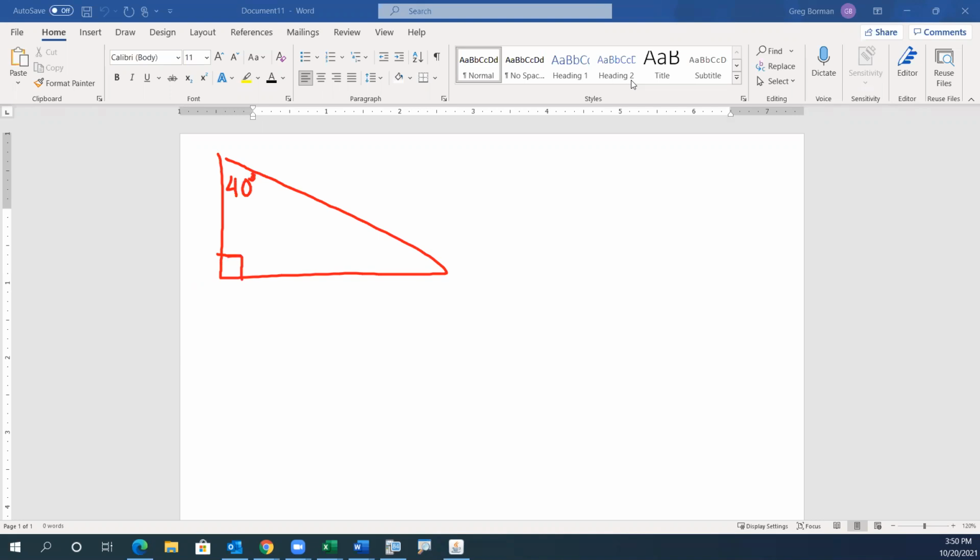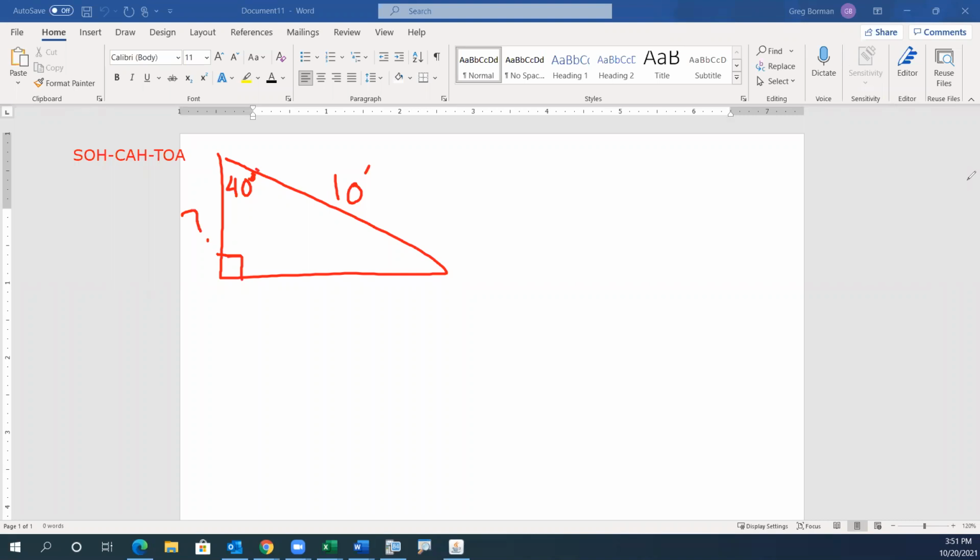And I know that this is 10 feet for the hypotenuse. And I'm looking for this side here. All right. So, okay, let me type this thing out again. All right, so SOHCAHTOA, that's my guy.